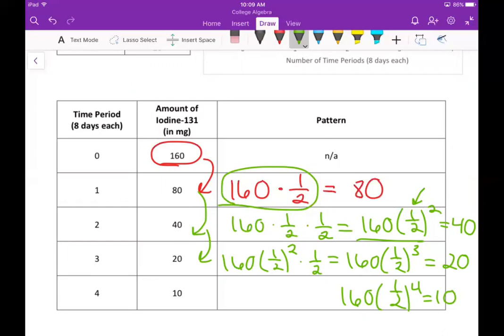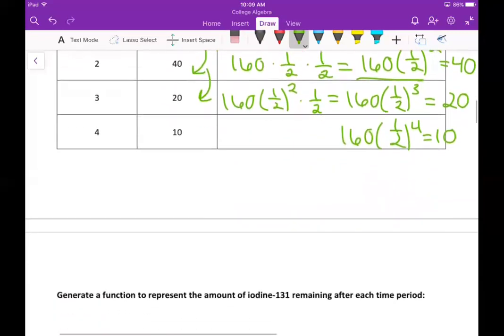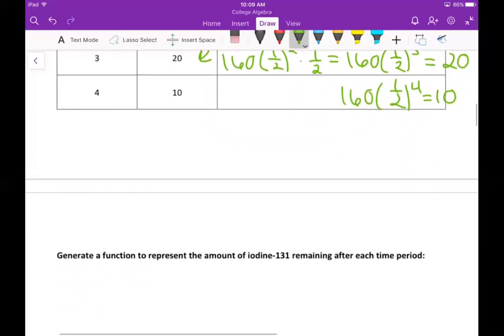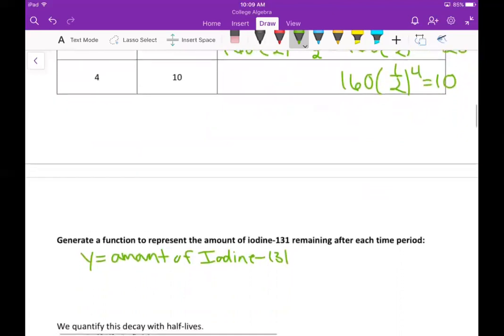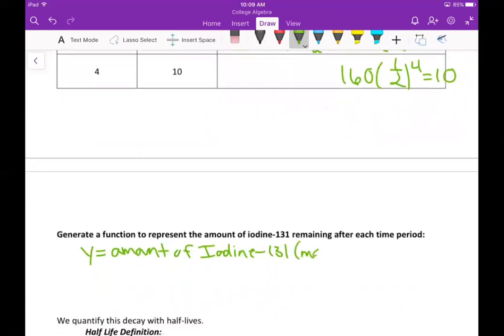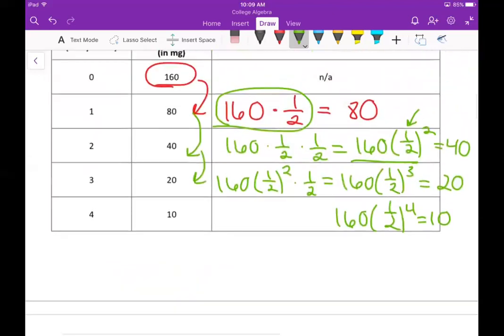So we have a new pattern. It works out very similarly to exponential growth. We're still going to say, if y is that amount of iodine 131, which just happened to be in milligrams for this problem, looking at that table, and if x is our time periods again, then we see a very similar relationship as we did with exponential growth.